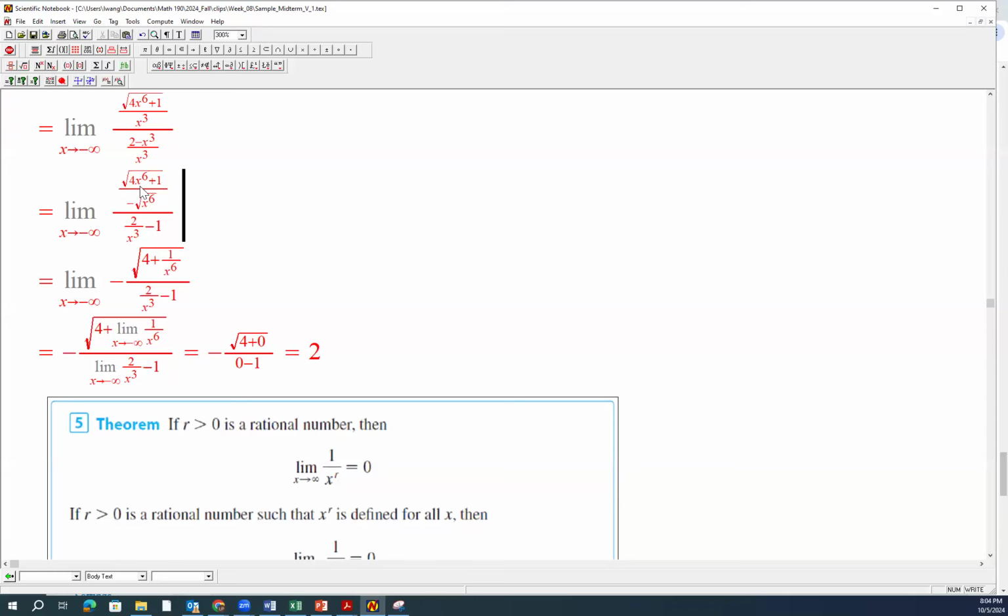Now x raised to the power 6 will go inside, on the same root. Dividing 4 times x raised to the power 6 by x raised to the power 6, we get 4. Dividing x raised to the power 6 into 1, we get 1 over x raised to the power 6. By this time, we can apply the limit laws. The limit of a constant is the constant. The limit of 1 over x raised to the power r, which is these, we can apply this theorem.